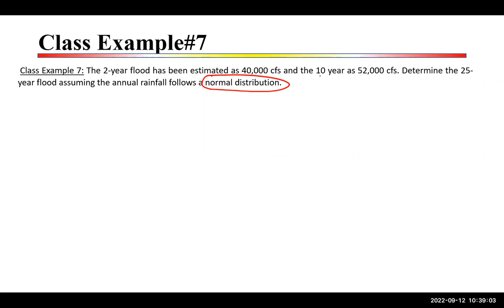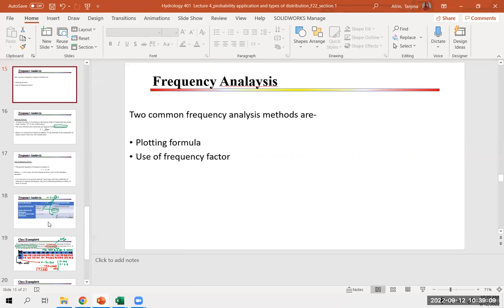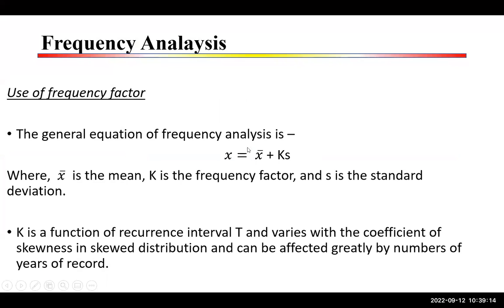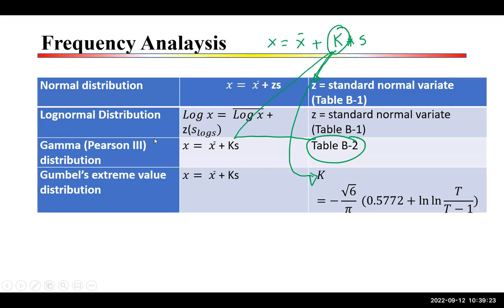So for the normal distribution, if I go back to your previous class lecture, that was the general expression, right? X equals X bar plus K multiplied with S. And that K is different for different types of distribution. For normal distribution, what is the equation? X equals X bar plus, instead of K, we are using Z, right?